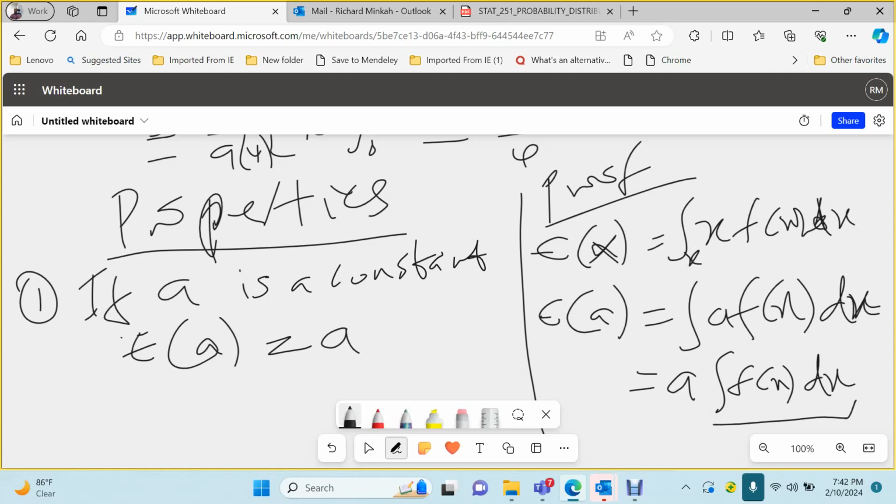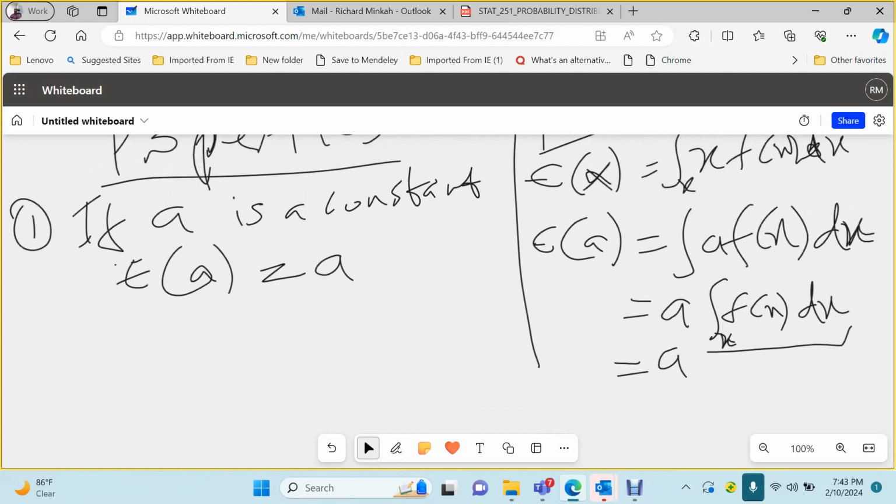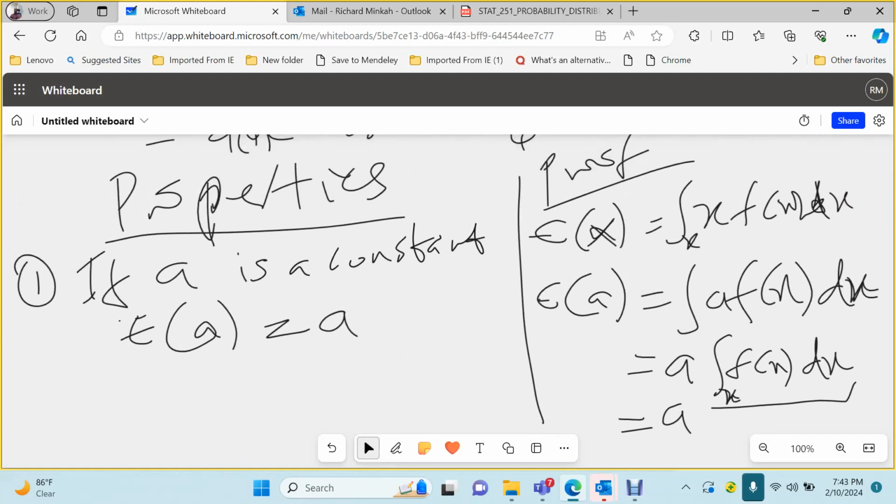What is this one, if we integrate across? 1. Good. So it means that this is equal to A. Is that okay? So that's the proof. You can use the discrete case as an exercise. Okay, so we can move to 2. Any question on this before I move on?